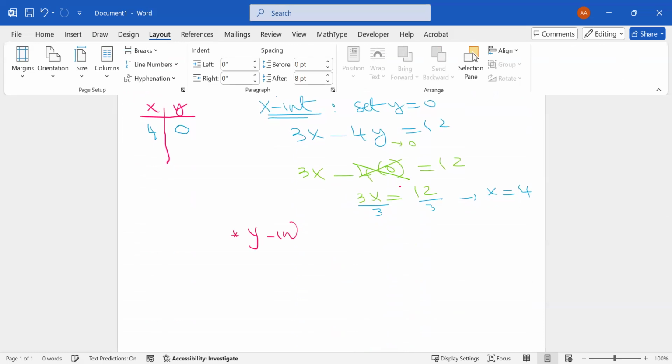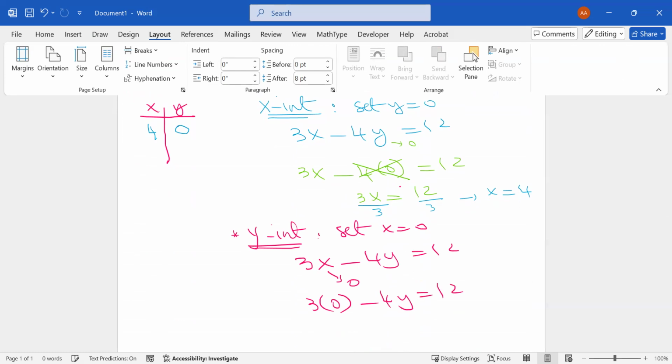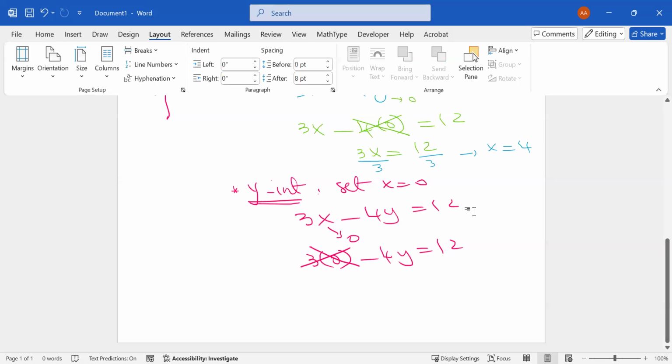For the y-intercept, what I do is I set x equals 0. So I have 3x minus 4y equal 12, and this x will be set to 0. I get 3 times 0 minus 4y equal 12. So 3 times 0 is, of course, 0, and I'm left with negative 4y equal 12.